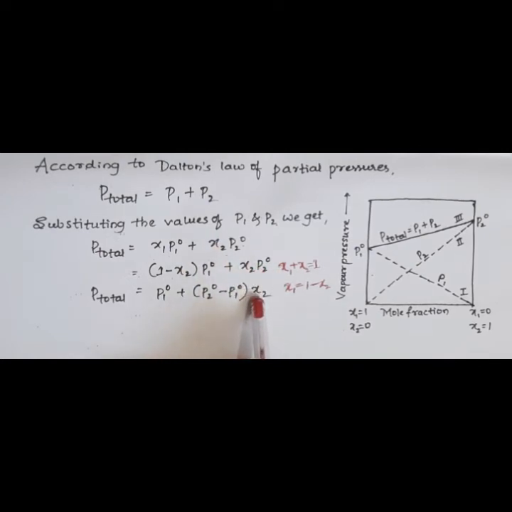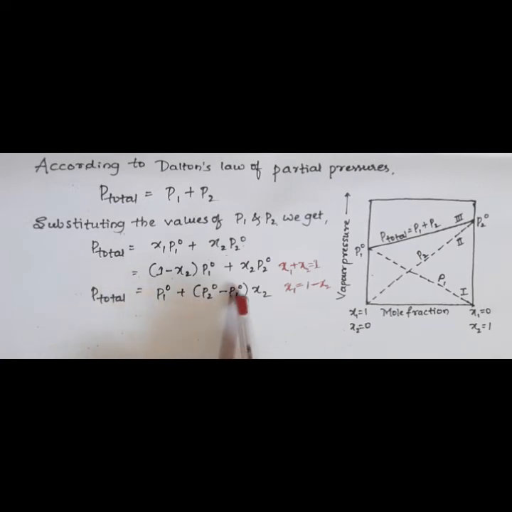Taking X2 as common, we will get P total is equal to P1 naught plus P2 naught minus P1 naught into X2. This is how, by taking the mole fraction of any one component, we can determine the total vapor pressure of the given binary solution.